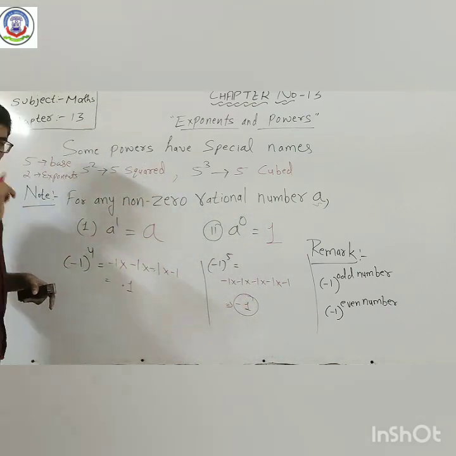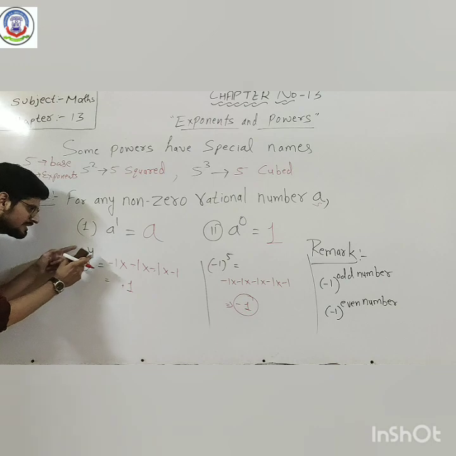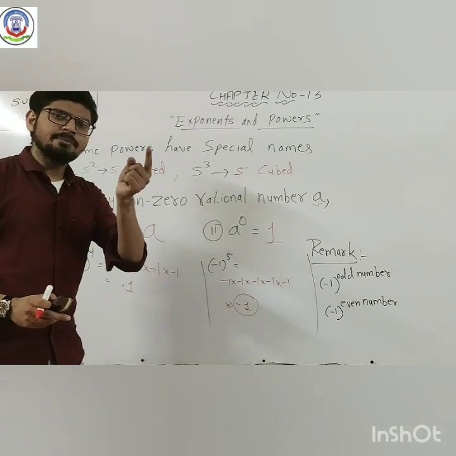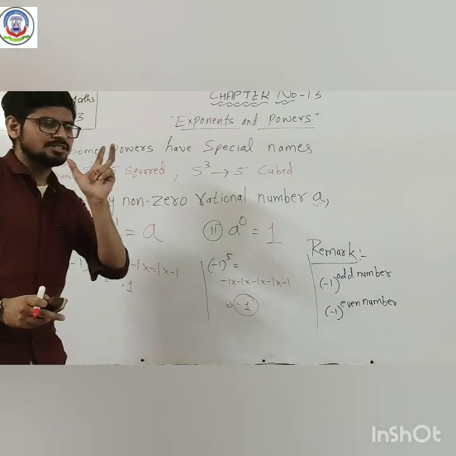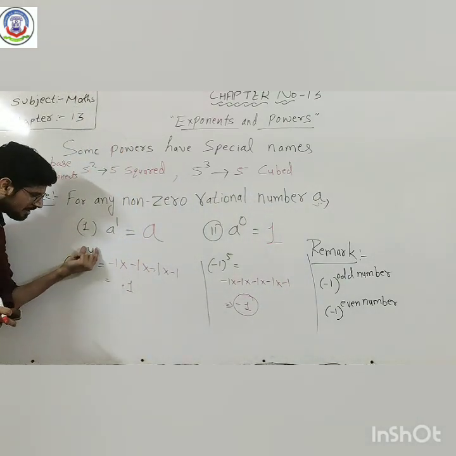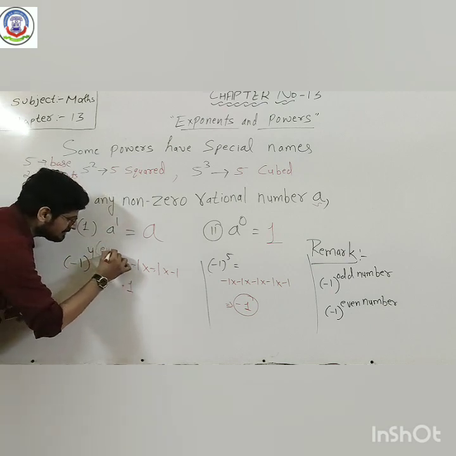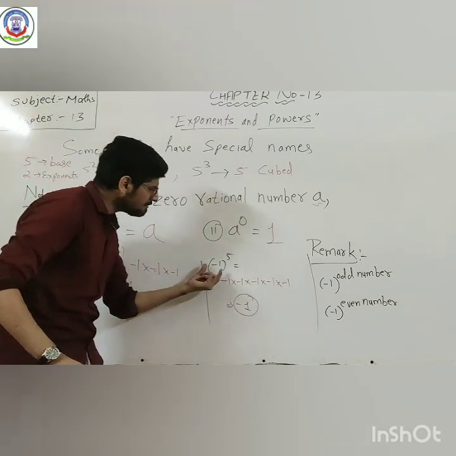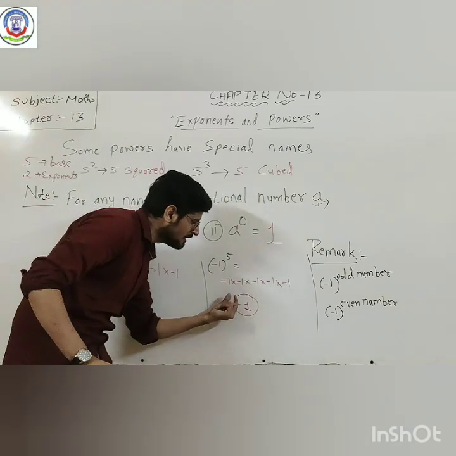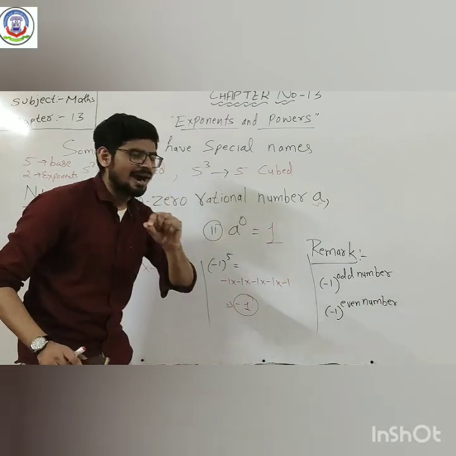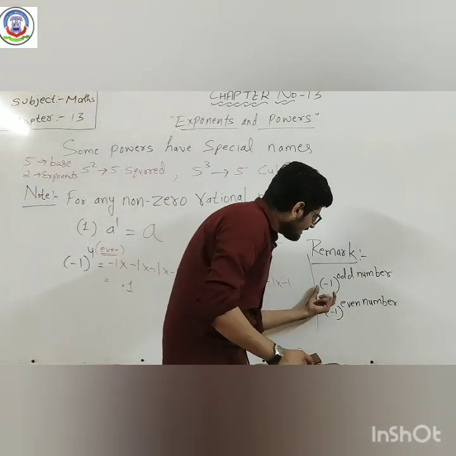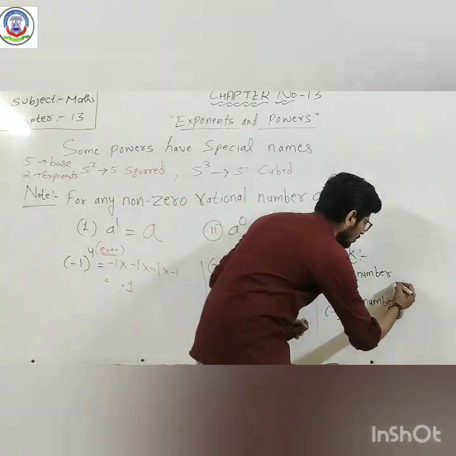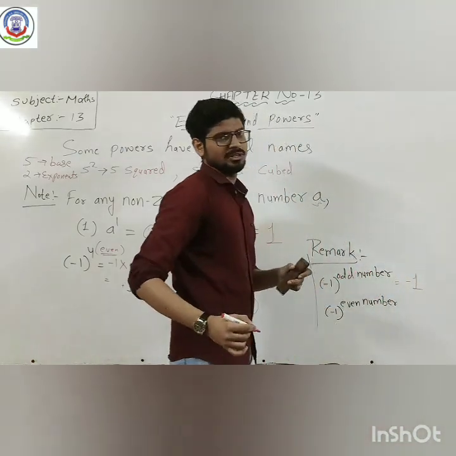So what remark we have to note here is: -1 raised to the power 4, 4 is an even number. What is an even number? Which can be divided by 2, remainder is 0. So we will get plus. And if -1 is raised to an odd number power, your answer will be minus. So if -1 is raised to the power of any odd number, you always get -1.